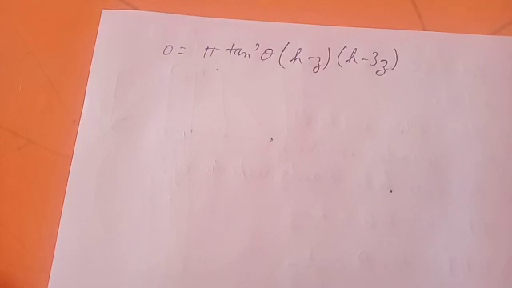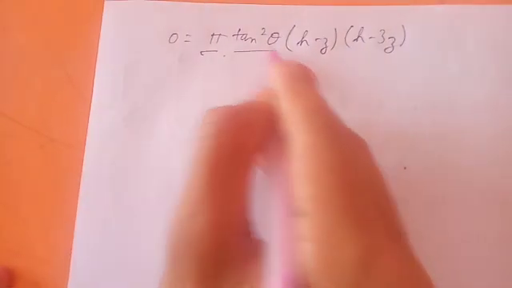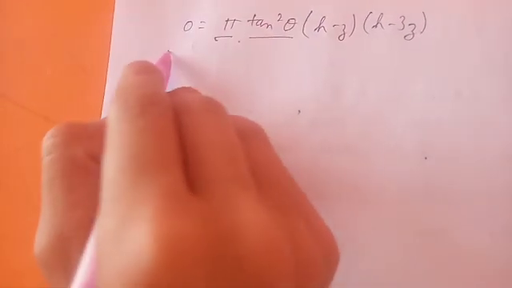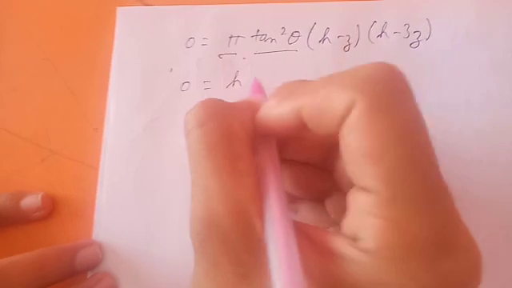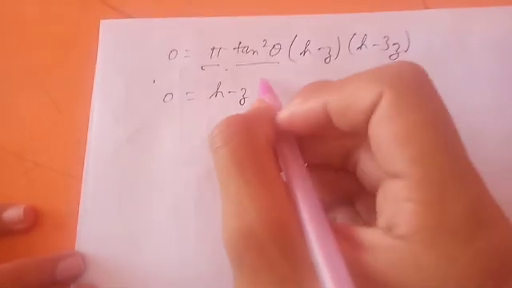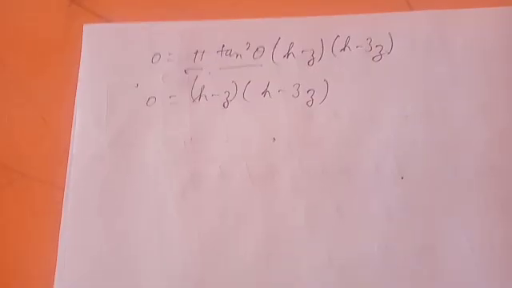Okay, now pi tangent square theta is constant, so if we divide 0 by this, we will get again 0. So 0 is equal to h minus z or h minus 3z.